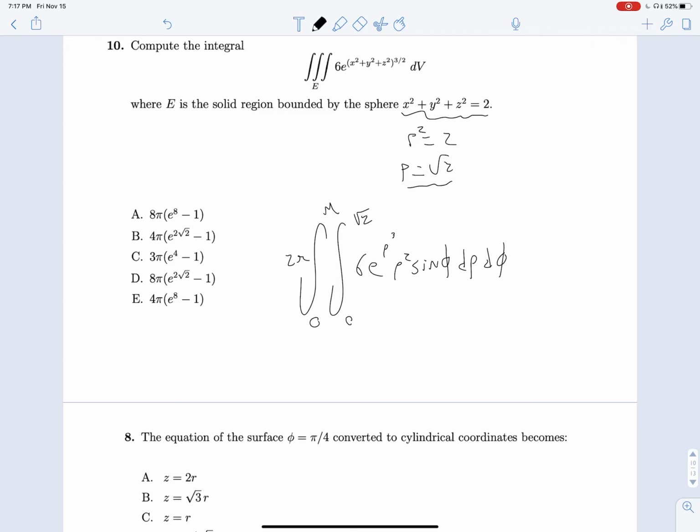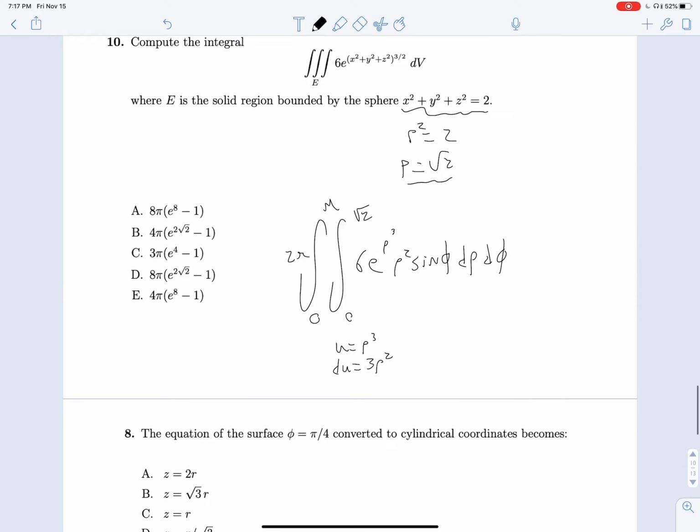So we can do a nice u substitution where u is rho cubed and du is 3 rho squared d rho. Don't want to forget that. So let's move this sine out one step and just deal with the integral from 0 to root 2 of 6 rho squared e to the rho cubed d rho.